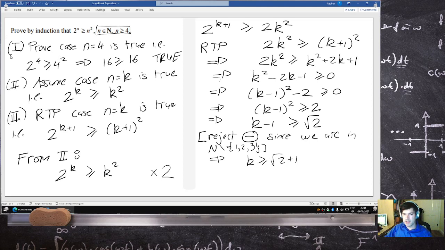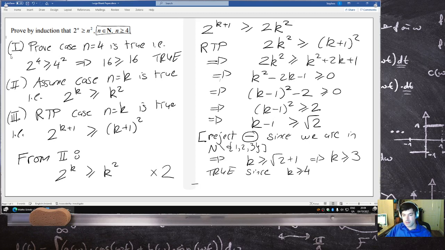That means that k has to be greater than or equal to 3. Root 2 plus 1 is 2.4. To be bigger than 2.4 and to be a natural number means you have to be 3 at least. And this is obviously true since k has to be at least 4.